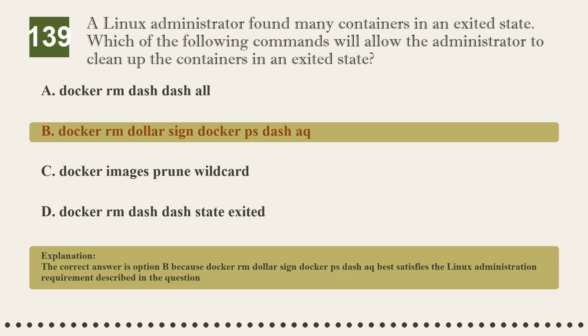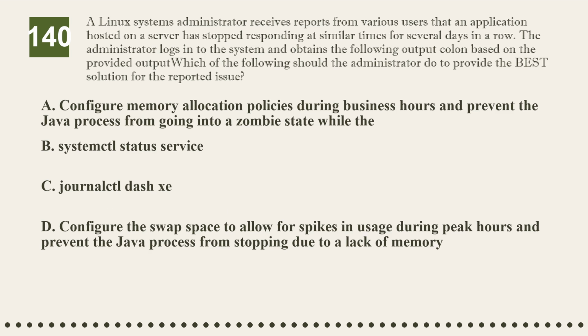Question 140. A Linux systems administrator receives reports from various users that an application hosted on a server has stopped responding at similar times for several days in a row. The administrator logs into the system and obtains the following output. Based on the provided output, which of the following should the administrator do to provide the best solution for the reported issue?